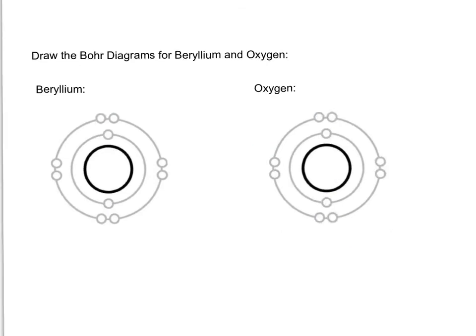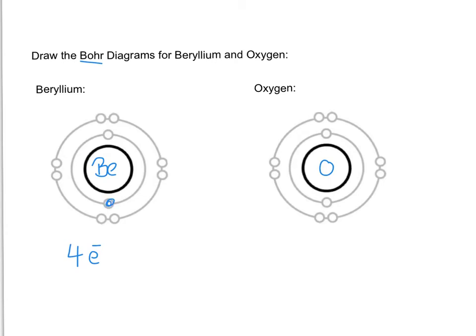All right, so now we're going to do Bohr diagrams for two elements. Bohr diagrams for beryllium and oxygen. Because we're just doing Bohr diagrams, we don't have to put the details in the middle. We just put the symbols in the middle. So we've got beryllium and oxygen. Now beryllium has an atomic number of 4, so it has 4 protons and 4 electrons.